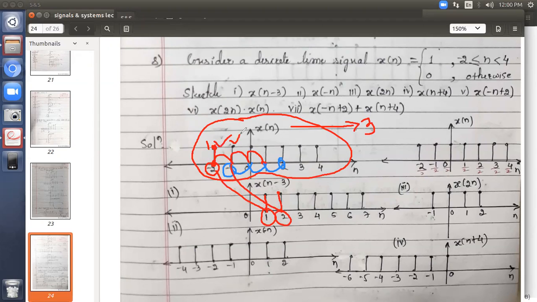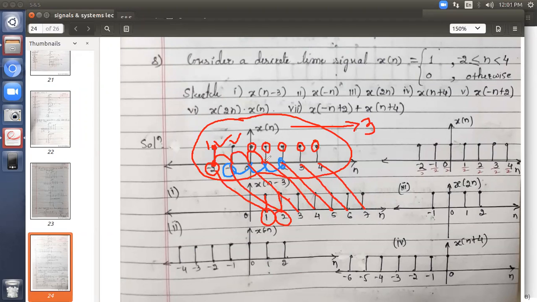I did these 2. Remaining, how many samples are there? 1, 2, 3, 4, 5. So if you shift by 3 amounts, I need to do this 5 more times.